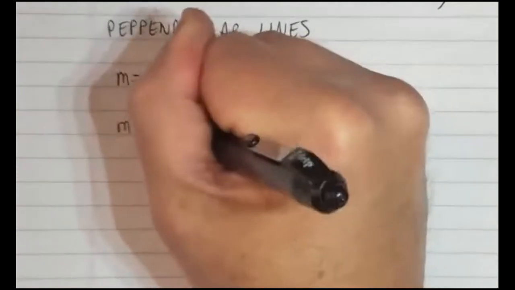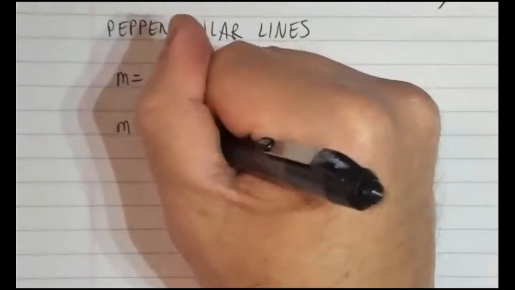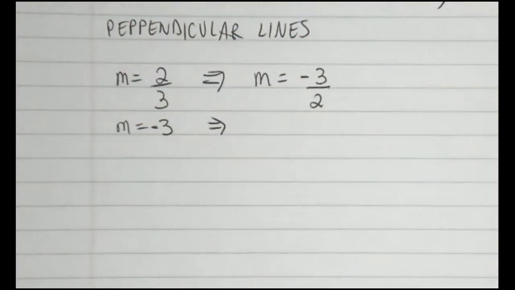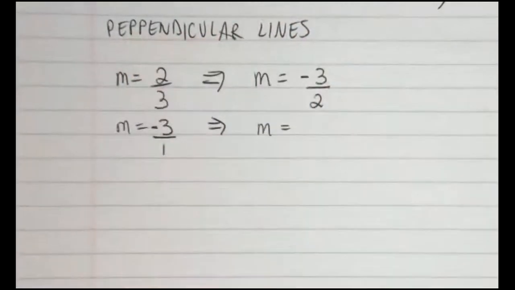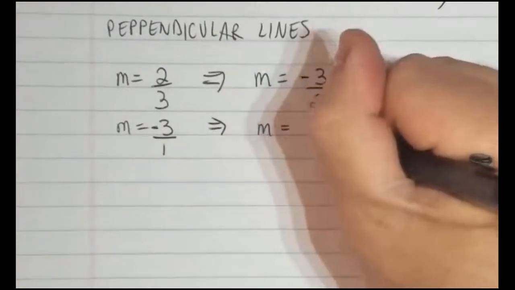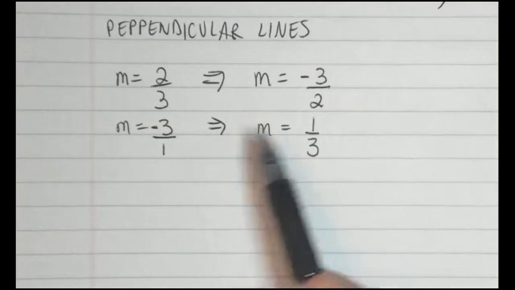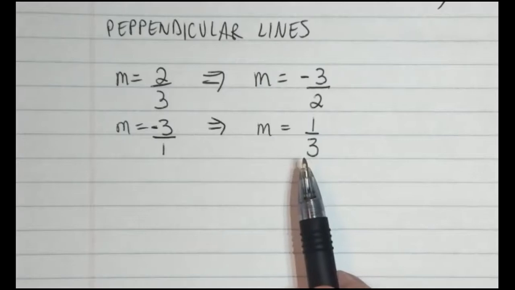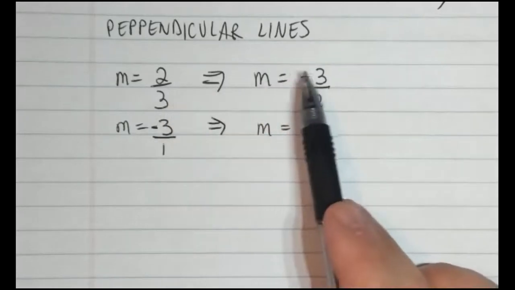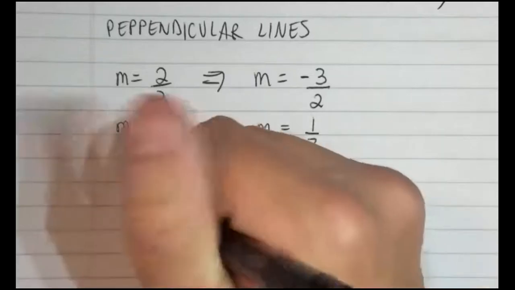Let's say one slope, let's go with a negative value. If we had one slope of -3, what would be the perpendicular slope to that? Again, you've got to remember that this is over 1, right? So we would have to flip it around first. And then if this is negative, this one has to be positive. If this one was also negative, we don't have it. So opposite signs, one's positive, one's negative, and then reciprocals of each other.